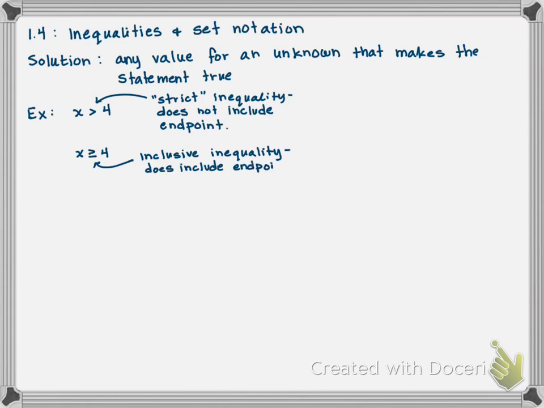So the solutions to that inequality are any numbers that are either greater than 4 or equal to 4, right? So again, on the number line, let's just go ahead and graph it.